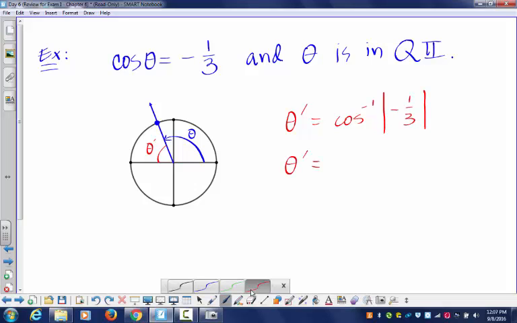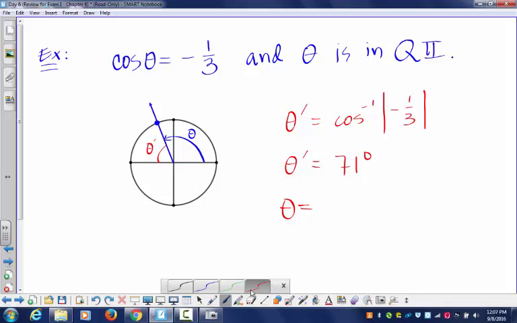Type it into your calculator, and what do you get? 71, if you round to the nearest degree. So then theta is equal to, when we look at that picture, if you don't draw the picture, it's a little harder to piece it all together.